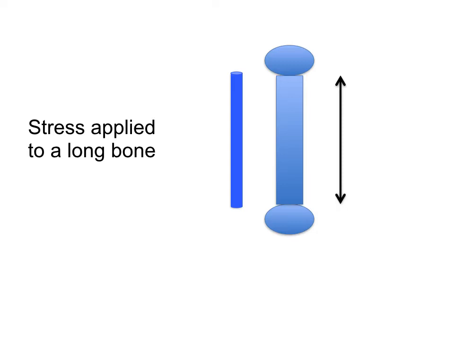So let's take your diaphysis. With the best that I could muster in PowerPoint, the center structure is your femur. You have the two epiphyses, the broad ends, and then you have the diaphysis running down the center. So I'm talking about the middle structure.